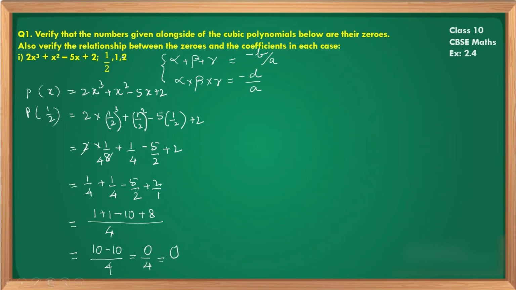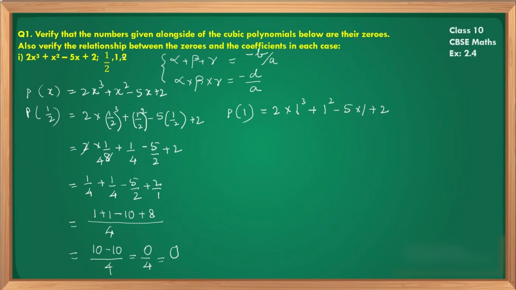Now this polynomial with 1 by 2 is equal to 0. Therefore, 1 by 2 is a zero of this polynomial. The next is 1. Now let us place 1 in place of x. P of 1 is equal to 2 into 1 cube plus x square, that is 1 square, minus 5 into 1 plus 2.